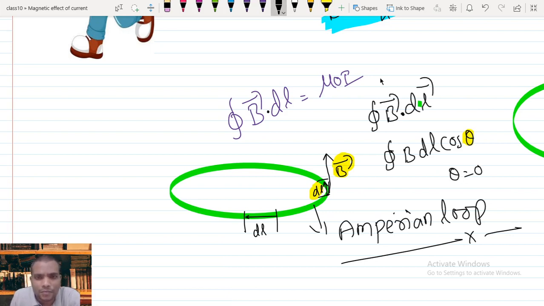Wherever you take, the magnetic field B bar is always tangent to the Amperian loop. That's why we call it the tangential magnetic field. It always happens, so then we can easily apply Ampere's law, the closed integral of B bar dot dl equal to mu naught I.